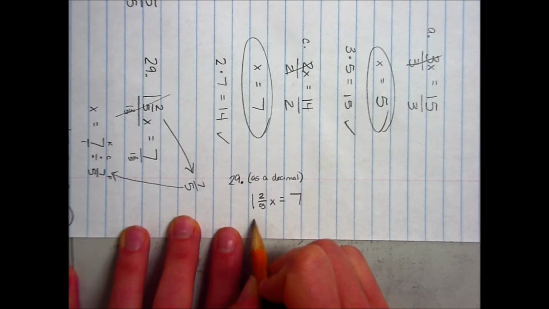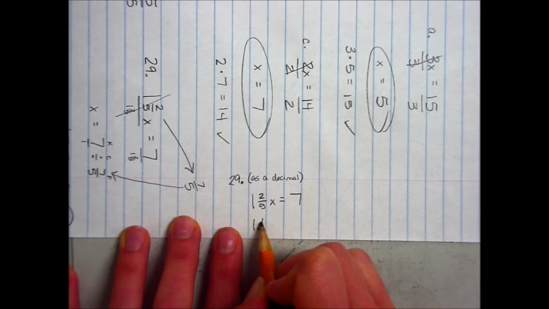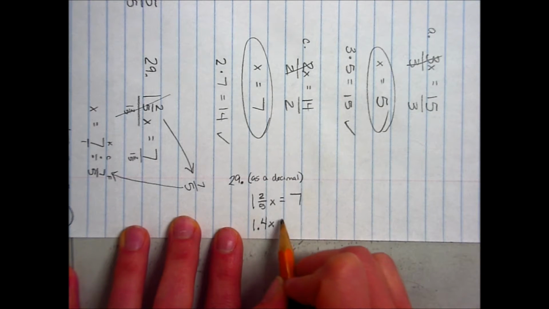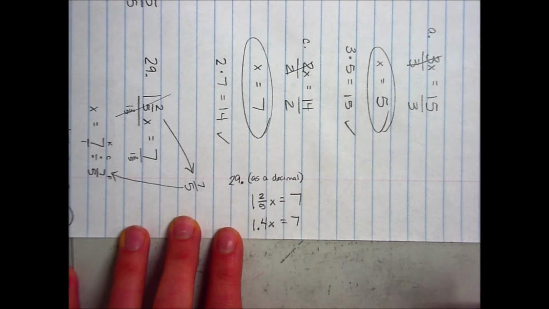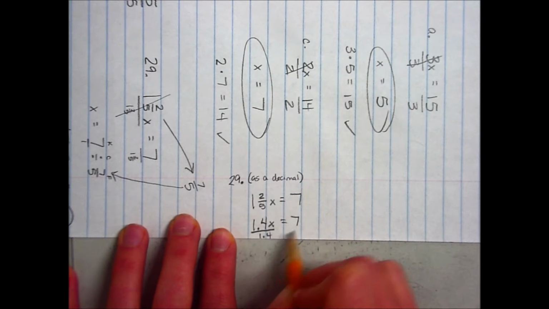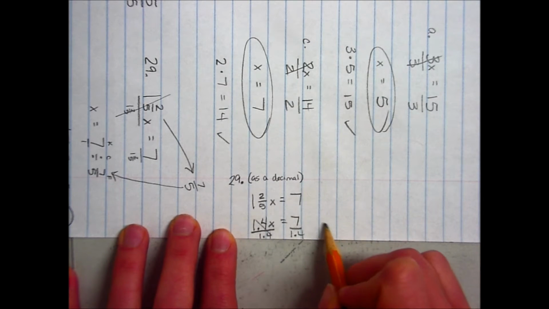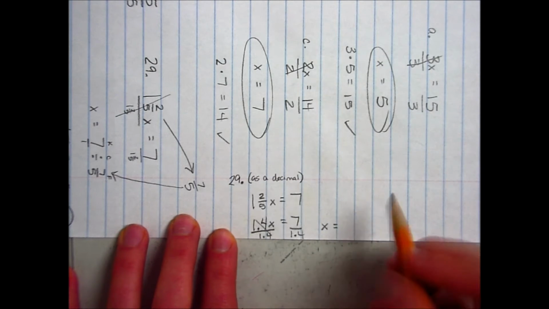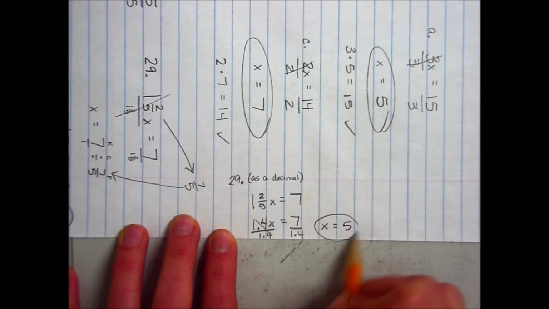So that would be 1 4/10 x equals 7. So then I would divide by 1 4/10 on both sides. I'm out of room, sorry. Cancels out. So x will equal 7 divided by 1 4/10, which equals 5 the same way.